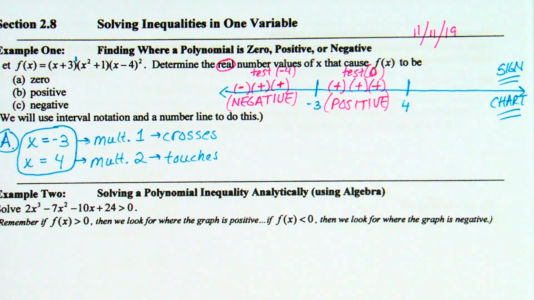And do the same thing to the right of 4. Pick a number bigger than 4. 5's what I usually pick. If you'd rather pick 10 or 100, go for it.